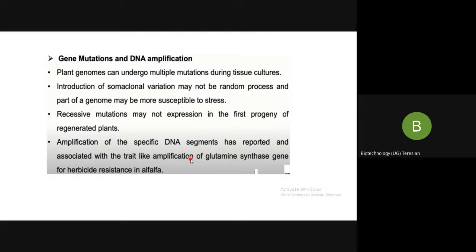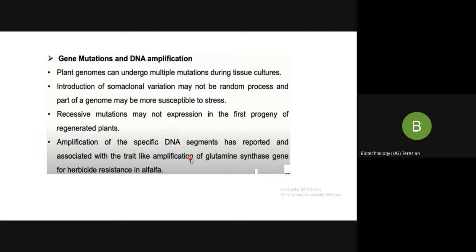So chromosome level changes occur at a larger scale where larger fragments or segments of the genome are involved. However, the stress in the in vitro culture may result in small specific mutations, and multiple mutations accumulate during the generation of the in vitro plant.